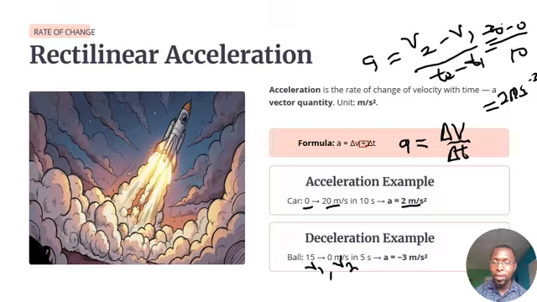So if you want to get the deceleration, you always get a negative answer. You'll have 0 minus 15, because it is V2 minus V1, over the time interval, which is 5 in this case. That is how we have minus 3 meters per second squared. So deceleration always has a negative symbol to indicate that the object is reducing in speed.